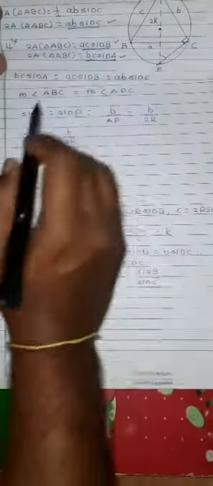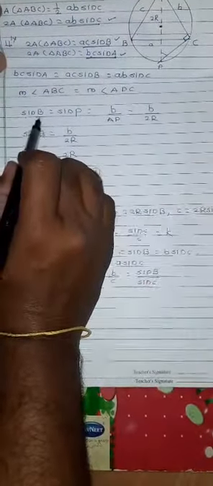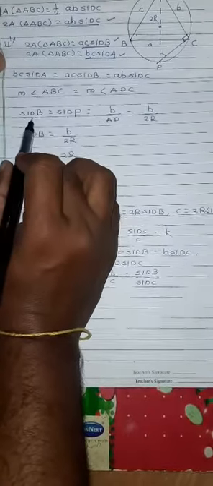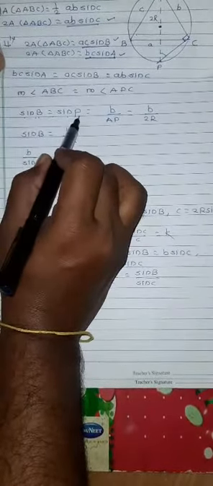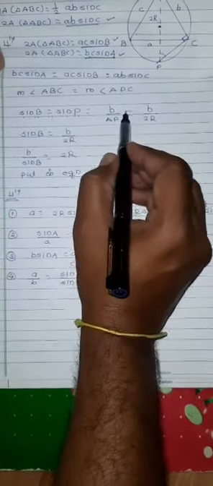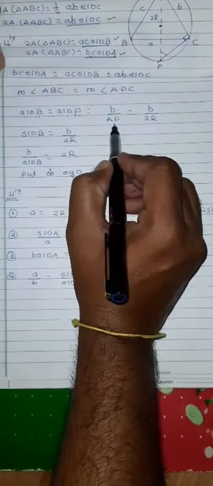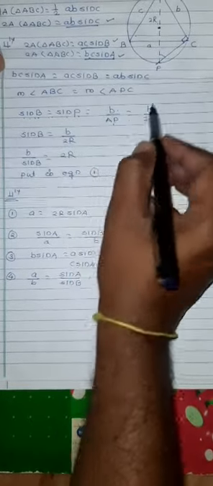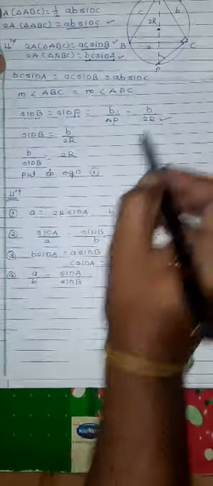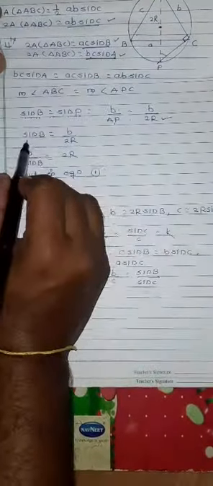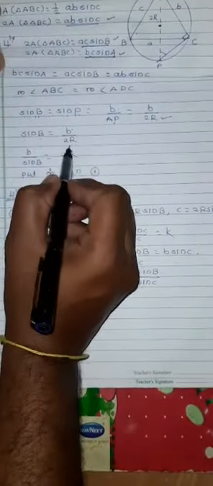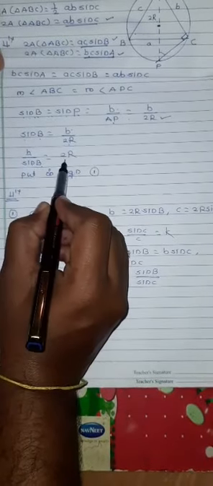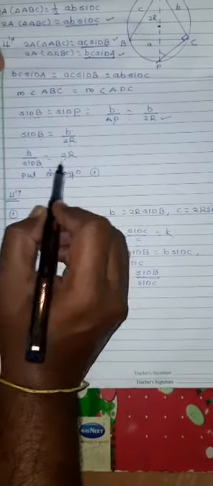Since these two angles are the same, sine of B is equal to sine of P, which means small b upon AP. AP is the value of twice of R. This means sine of B is equal to small b upon twice of R, and b upon sine of B is equal to twice of R.